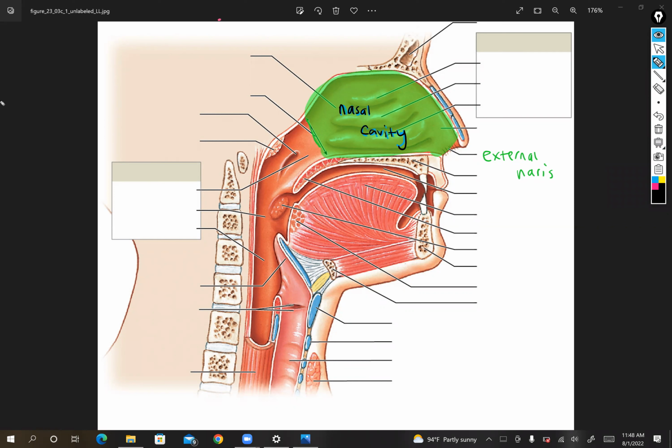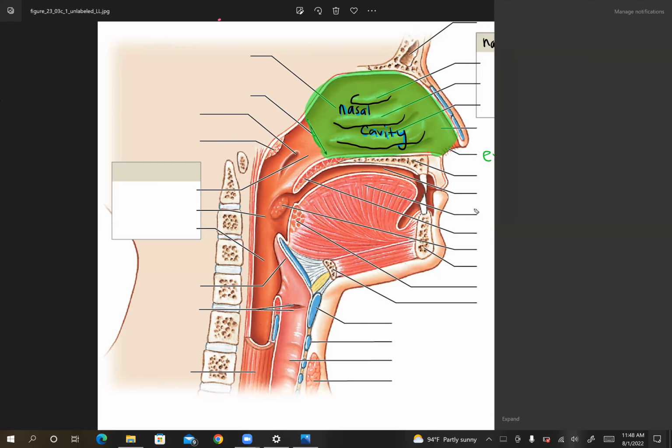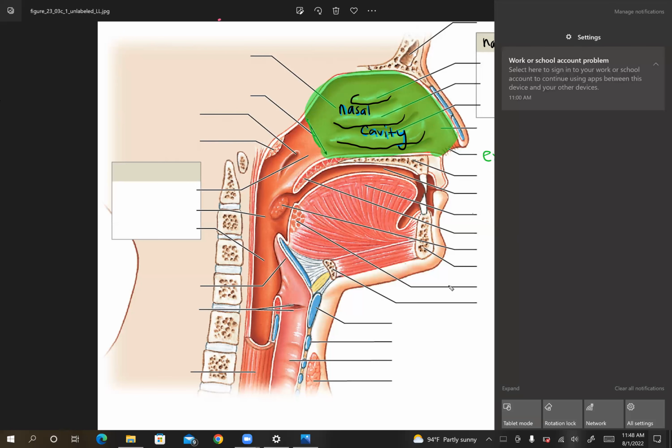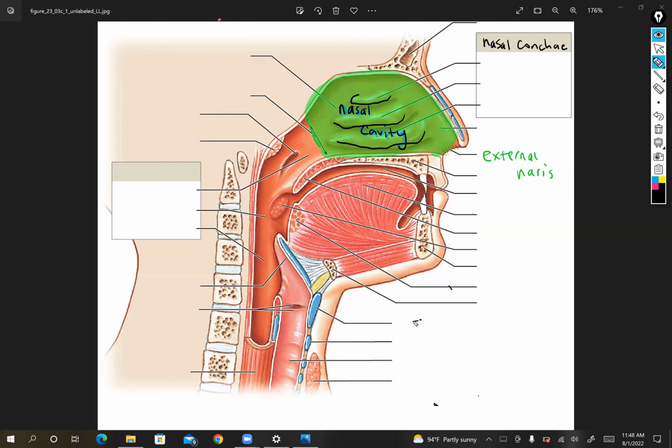Now in the nasal cavity, there are these three ridges that are covered in flesh. And these are the nasal conchae. That's how you say that word, conchae. Sorry about that, the little side panel pulled up. So nasal conchae is plural.